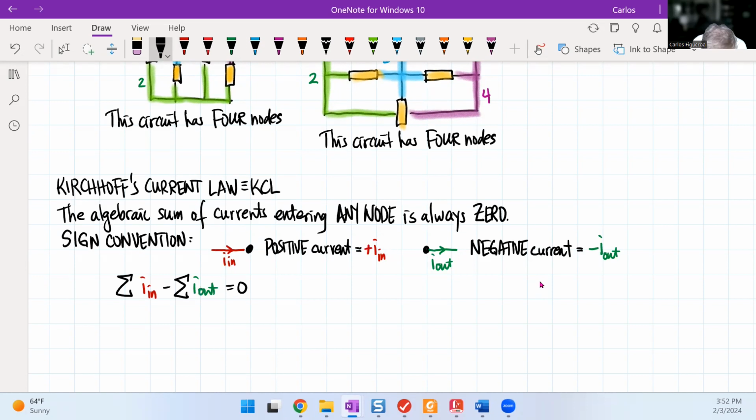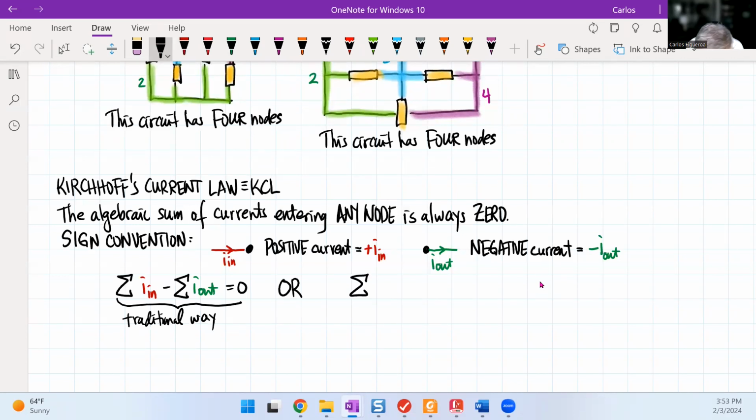And I would say that this is how the vast majority of the people use it. So I'm going to call this the traditional way of stating KCL.